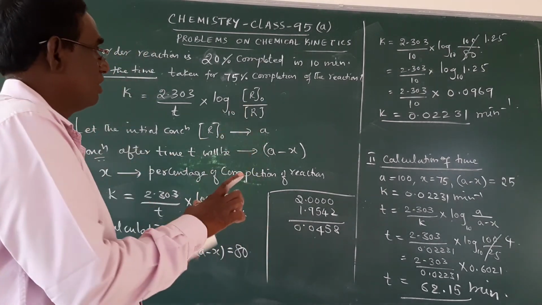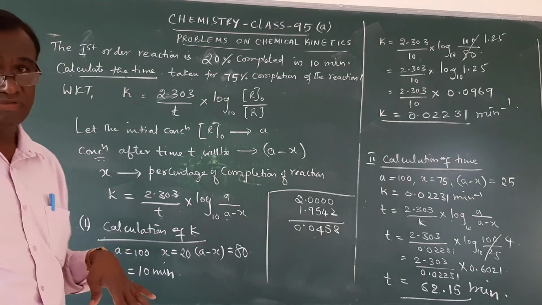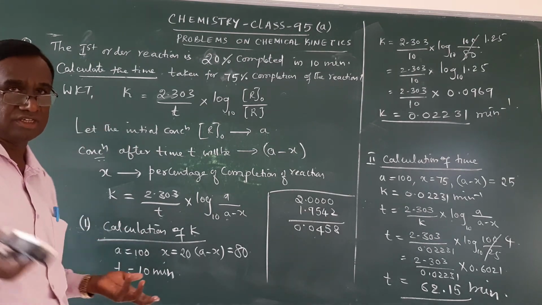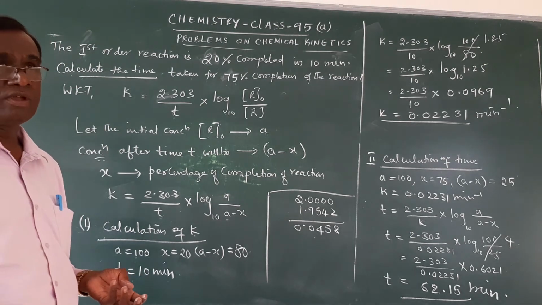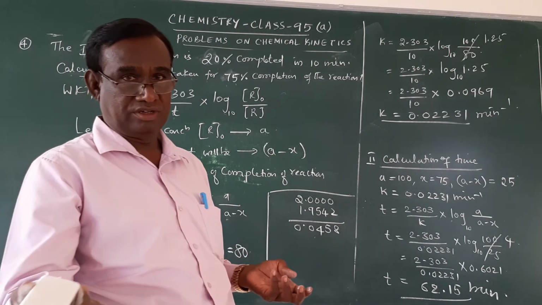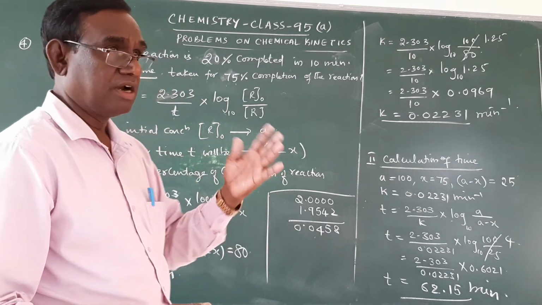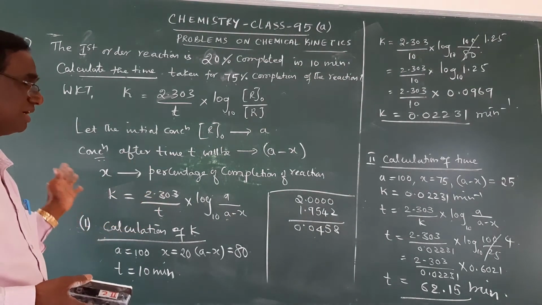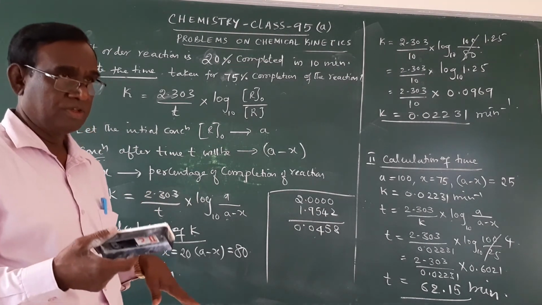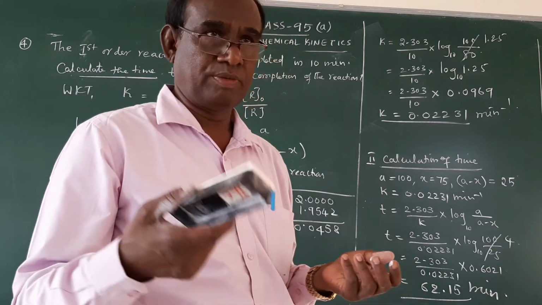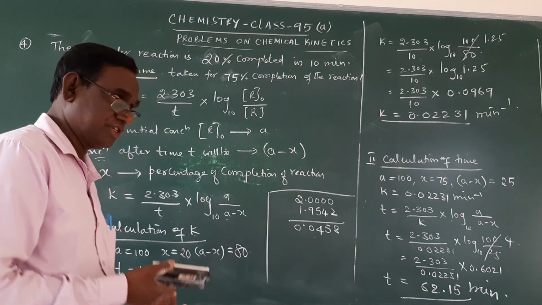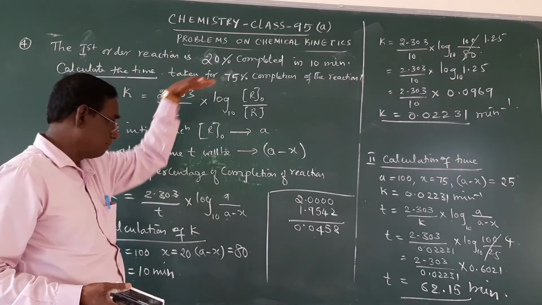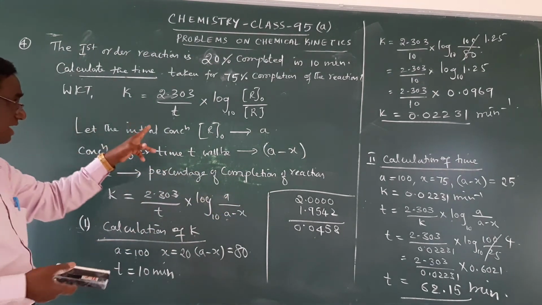So this is how you can calculate the time required for different completion of the reactions. You see, 10%, 20%, 30%, 49.9%, and then 99.9%. Not 50%. For 50% time, you have to calculate half-life. Half-life is given, you see, half-life t half is equal to something, k you have to calculate. k is equal to 0.693 divided by t half, or t half is equal to 0.693 divided by k. But here, when the percentage of completion of the reaction is given, you have to take a and a minus x.